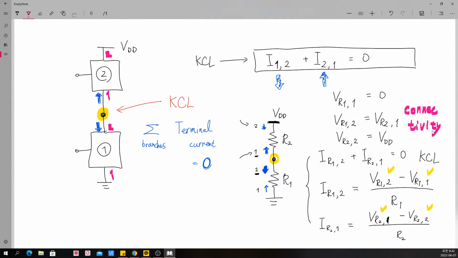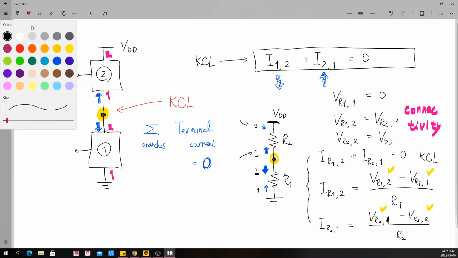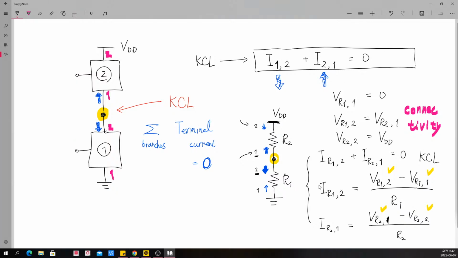So now think about this one. When you dump these values into here and these values into here, now we have 4 different voltages. Now our KCL becomes just one single equation containing 4 different voltages, V1, V2, V3, and V4. Among the 4 of them, the first one and the last one are just given as a given number, for example 0 or VDD.